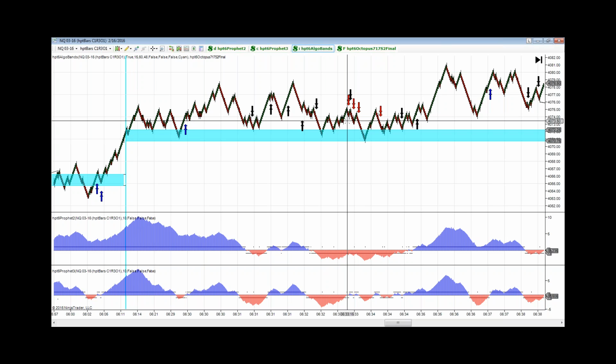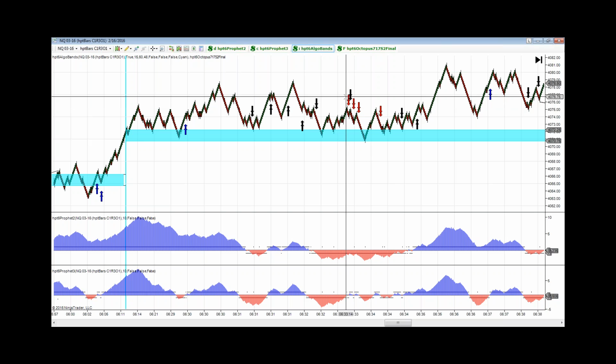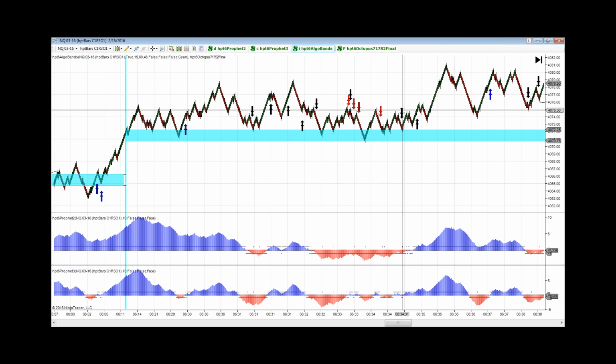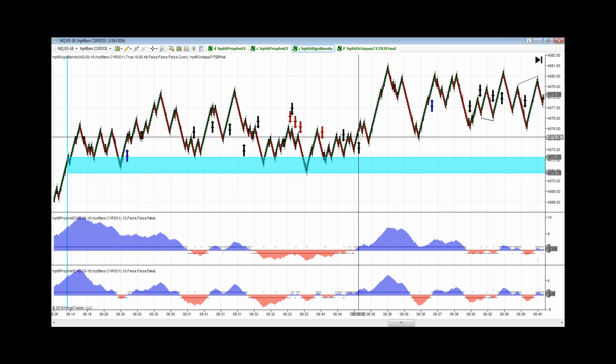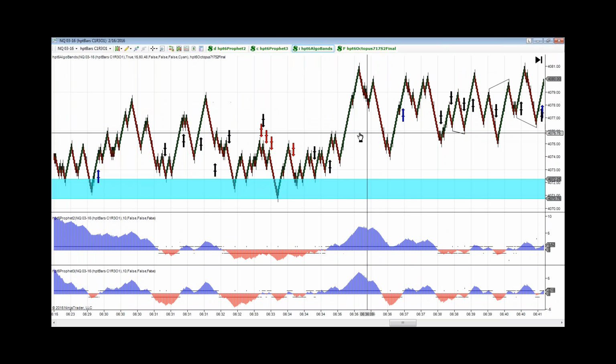So none of these from here all the way out to here, even though we were getting signals in a kind of sideways chop market, we're not taking any trade because we did not close below the band. And then notice what happened off of this signal. Once we got this one, that's okay to take because we were above the band. All right, so we're good to stay above the band. That was your trade.